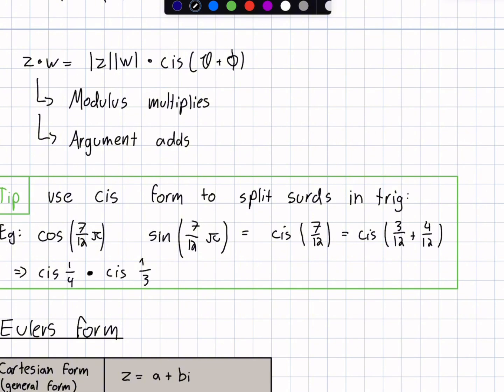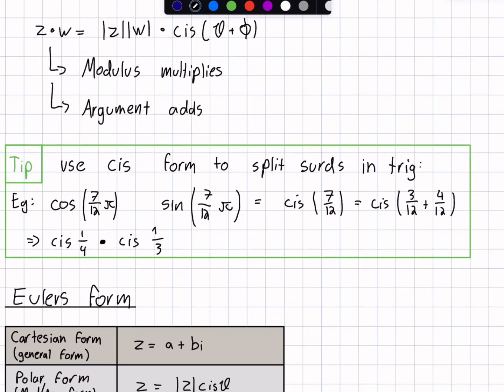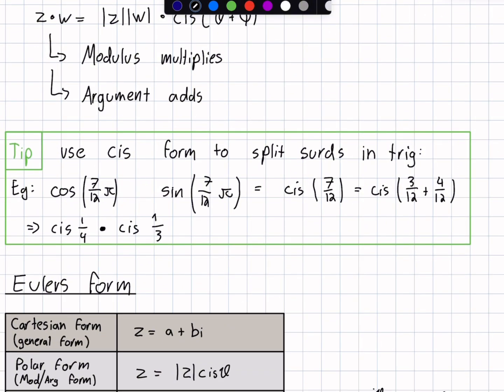So, if you have cosine 7 over 12 pi plus i sine 7 over 12 pi, you can just turn it into cis 7 over 12 pi and then split it up and then use the cis property of being able to create this multiplication to create cis 1/4 pi times cis 1/3 pi.